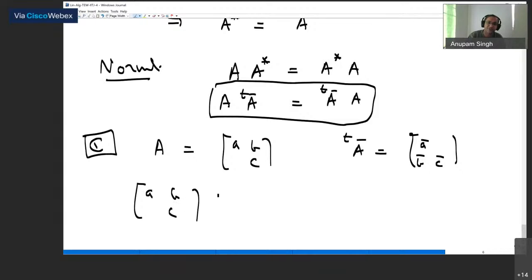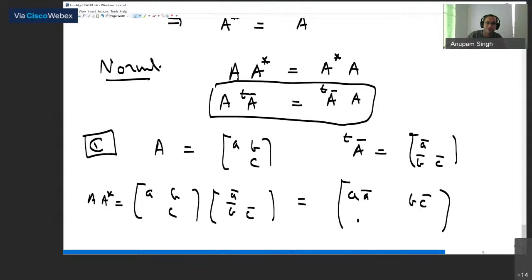So let's do this. I multiply A with A bar transpose, so I'm computing A A star. Quickly computing this gives a a bar plus b b bar, b c bar, c b bar, c c bar.